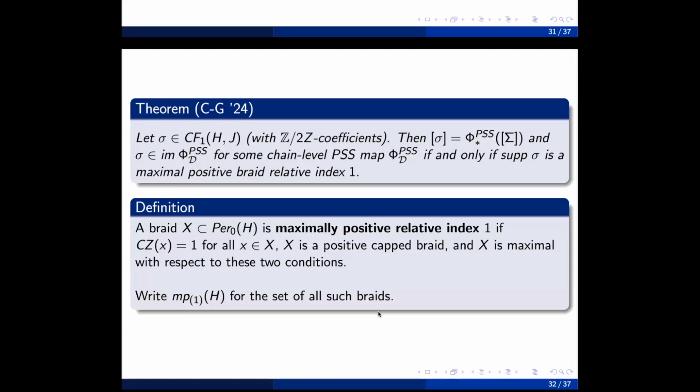That is, if I add any other index 1 orbit, then I no longer have a positive braid. It turns out that these are precisely the things that represent the fundamental class via the PSS map, okay?